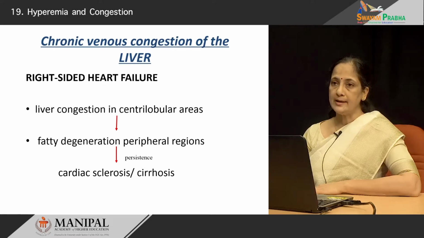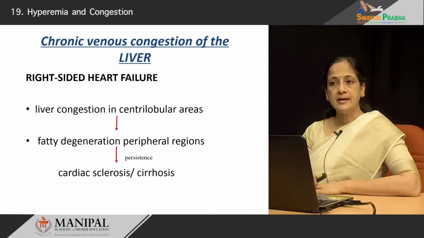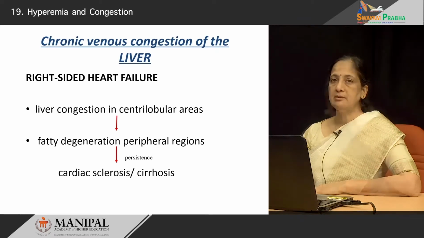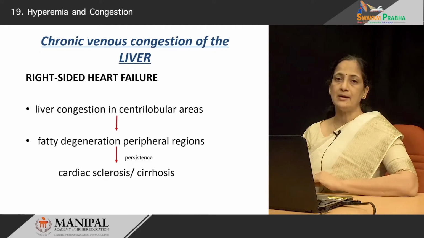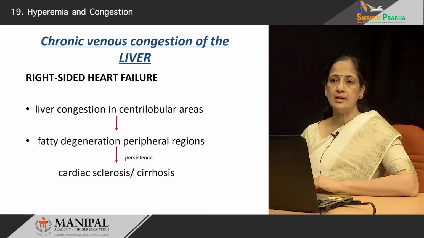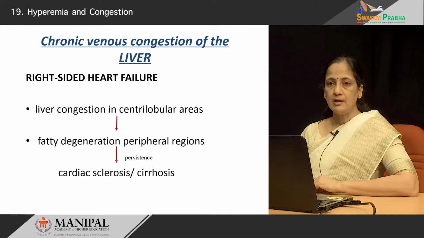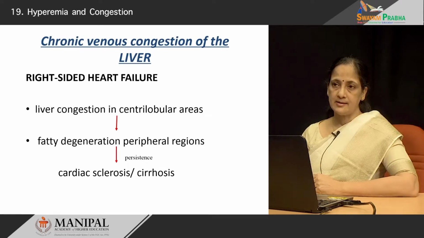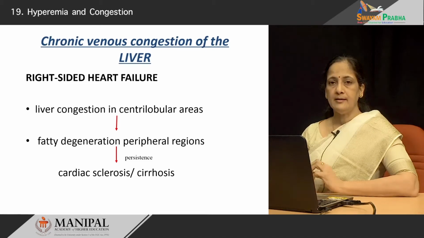However, near the portal areas, there is a protective arterial supply, and the dual supply protects the hepatocytes in the vicinity of the portal area. So, the portal hepatocytes are at first normal, but with prolonged hypoxia, fatty change occurs in these areas. Here again, rupture of the sinusoids can cause hemorrhage in the parenchyma, and this in turn will undergo fibrosis.